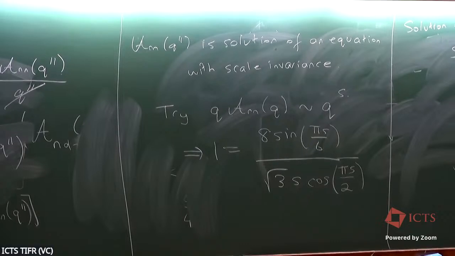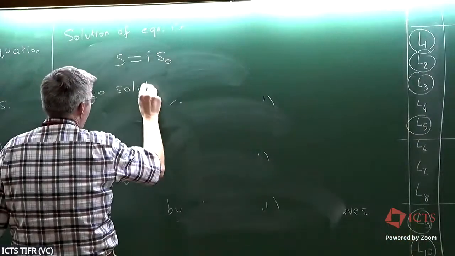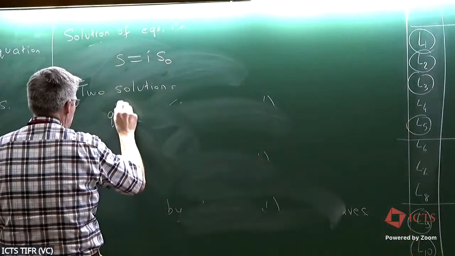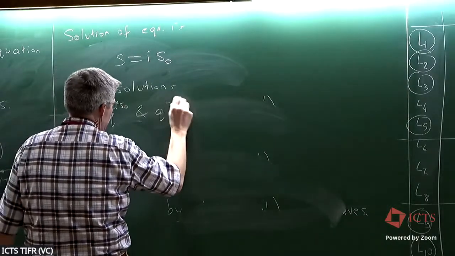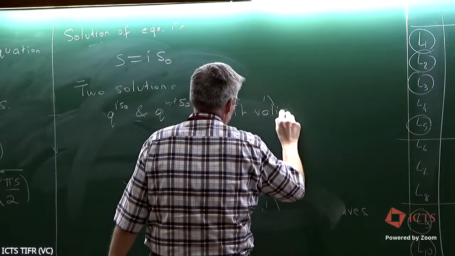But if S is imaginary, then both solutions are equally valid. So now I'm saying that I can have two solutions, q to the i s_0 and q to the minus i s_0, and they're both valid solutions of this problem.